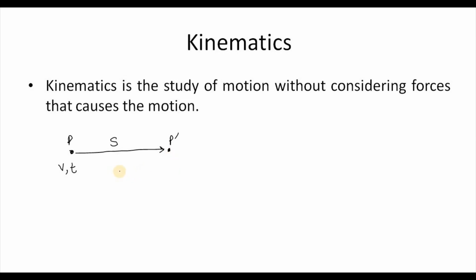So we can calculate S is equal to V times T. So this is the new location of this point, and this is an example of kinematics, because we haven't considered the forces acting on this particle or point, we haven't considered friction or any other force acting here.